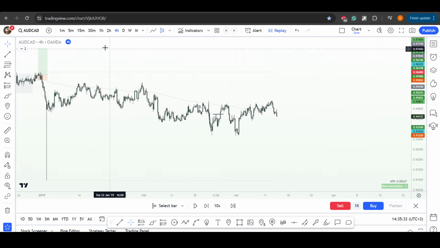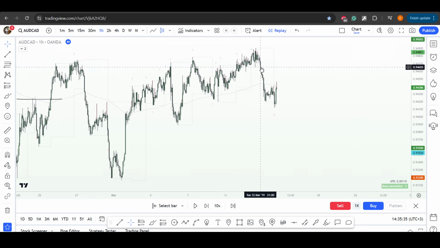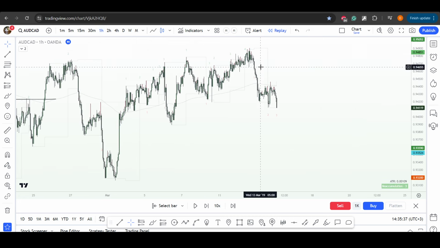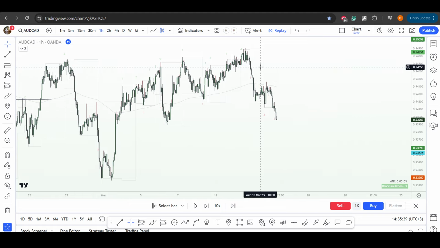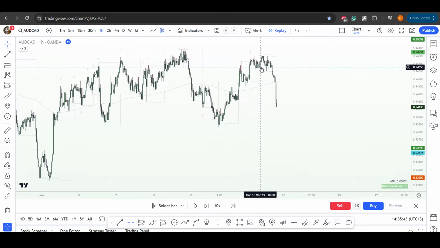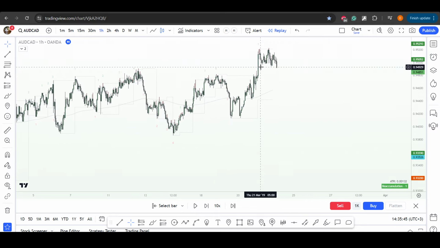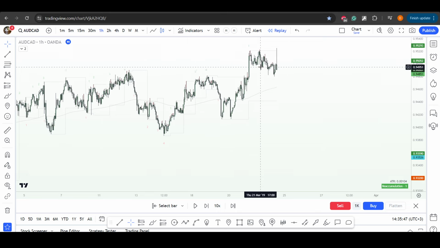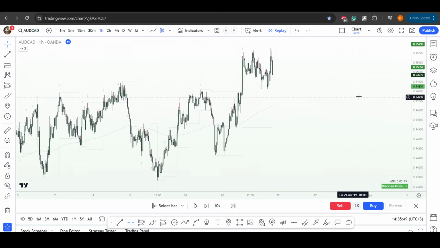Okay, started this move to the downside again. Okay, and break to the upside. Let's follow it to the upside.